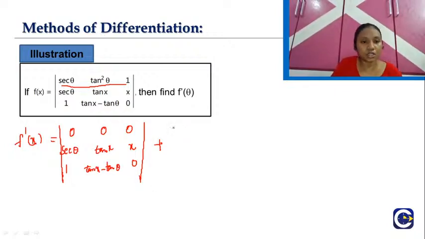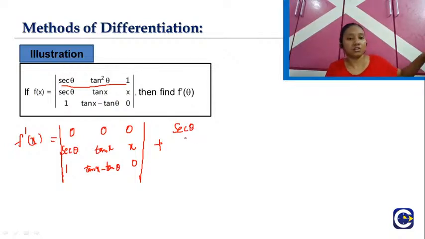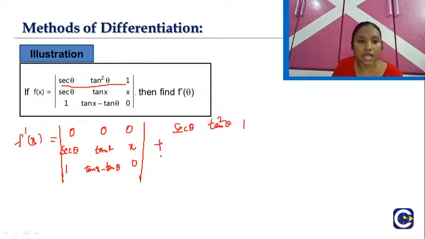You guys can check. For the second step, our first row will remain as it is, and this row will be differentiated. So this will be 0, and tan x becomes secant square x. From here it will be 1, and the remaining will be as it is.